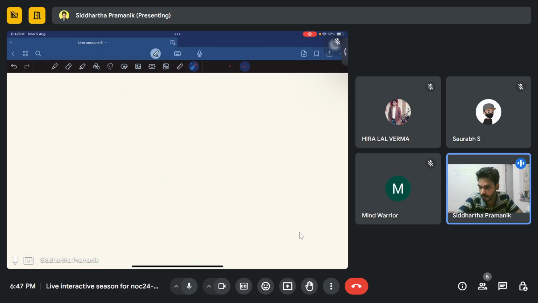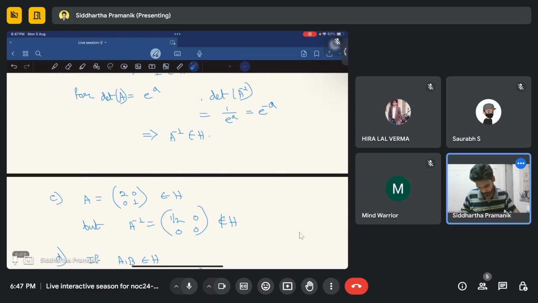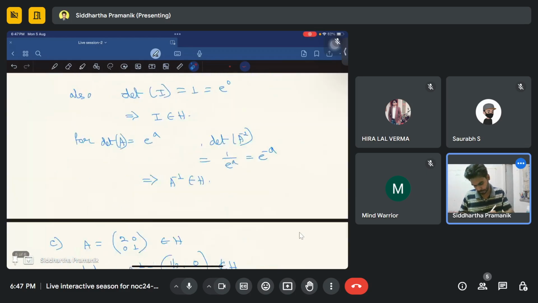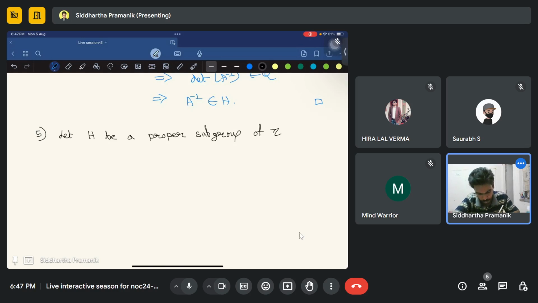Okay, let me do one more interesting problem about subgroups. I think this is 5. Let H be a proper subgroup of Z. Proper subgroup means it is not equal to the whole group.